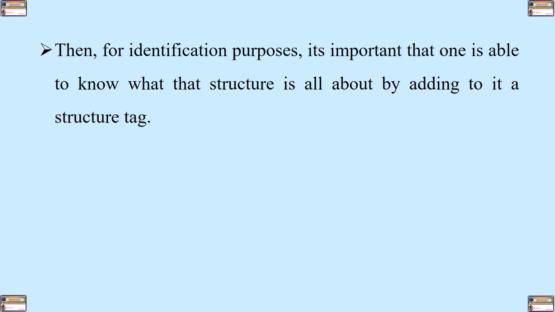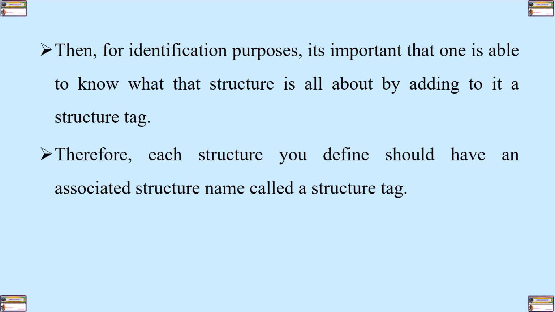Then, for identification purposes, you proceed and come up with the name of the structure. Now, the members in the structure will always inform you what you want to define. If, for example, you want to define or declare a structure for storing students' scores, then it means that the name of this structure will be student scores.